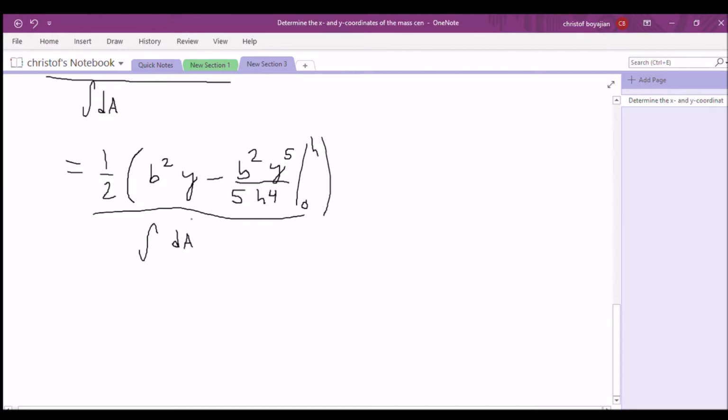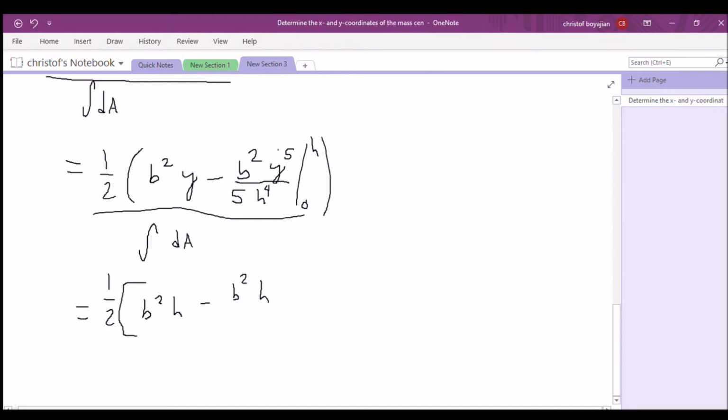Okay, so let's go ahead and evaluate here. So we're going to have 1/2 multiplied, I'm going to put brackets here actually, so it's going to be b squared times h minus b squared times h to the 5th, and now h to the 5th over h to the 4th. Now this does look like h times 4 rather than h to the 4th, so let me make sure that this is an exponent.